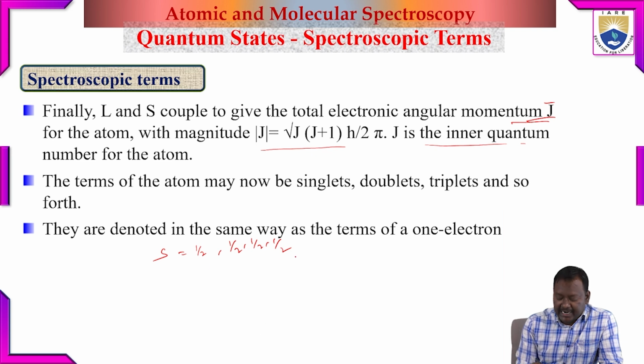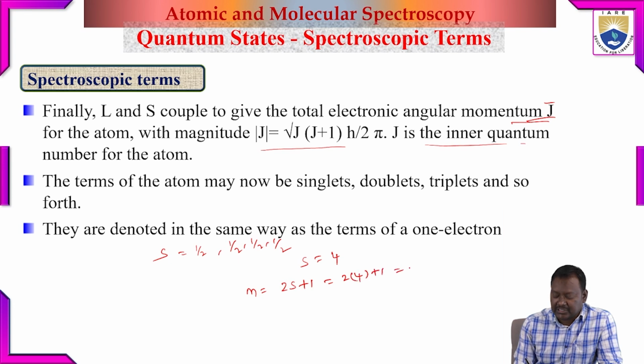So whenever we add up, the spin quantum number will give 4. So if we find out the multiplicity 2S plus 1, we can indicate the multiplicity by M. So M equal to 2S plus 1, that is 2 into 4 plus 1.